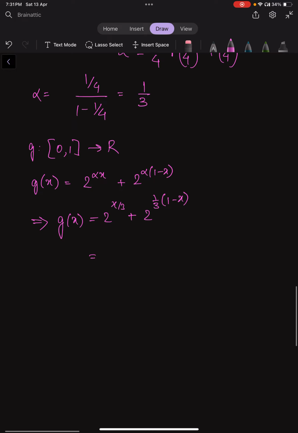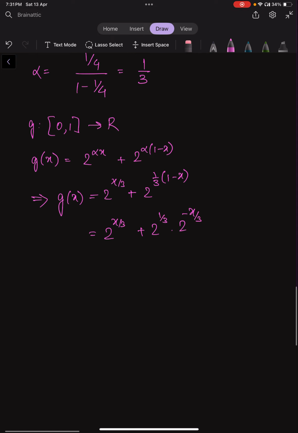If we split the terms, we will have 2 power 1 by 3 into 2 power minus x by 3. Clear? What we are going to do is take the derivative g dash of x. And this turns out to be 1 by 3 2 power x by 3 plus, we'll put the minus here directly, minus 1 by 3 times 2 power 1 by 3 into 2 power minus x by 3. You understand why this minus is coming here because of the negative sign in the power and log 2.